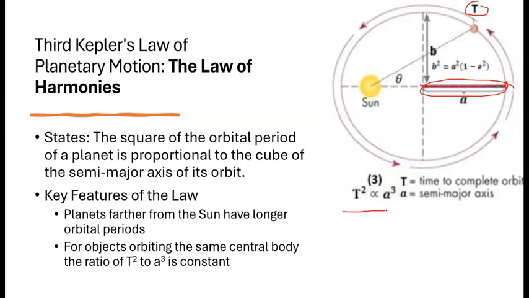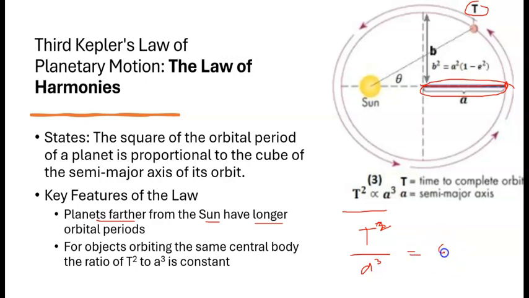For this law, we can understand that when a planet is far from the sun, it will have a longer orbital period. And for objects orbiting the same central body, the ratio T squared over a cubed is constant.